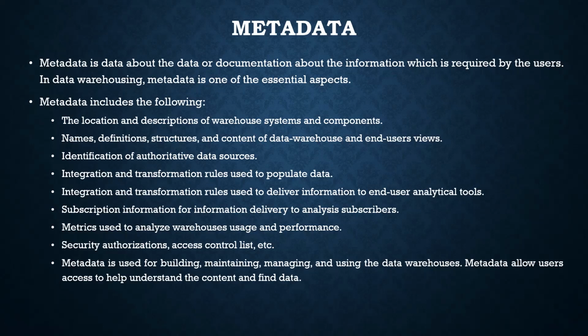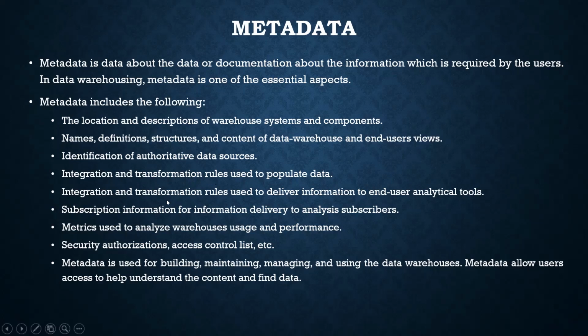And identification of authoritative data sources, where the information requested by the end user is located. That information is available in the metadata. And integration and transformation rules to populate data. Whatever operations we apply on the data, those rules and structure rules will be available in the metadata.